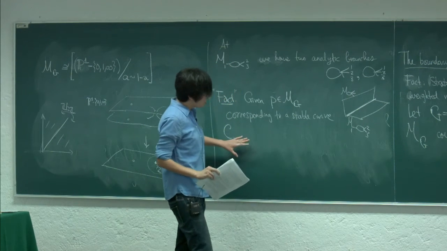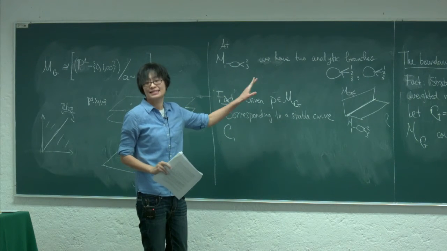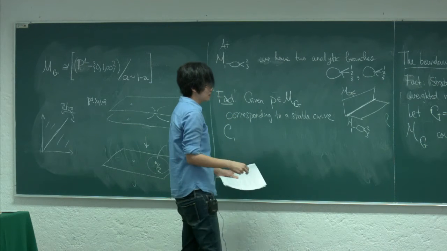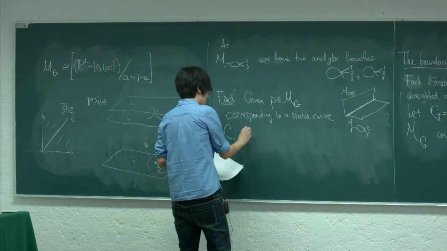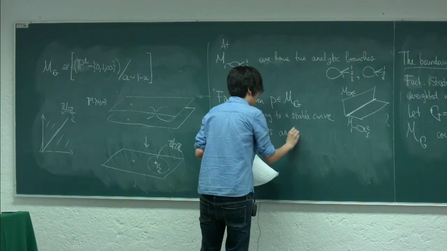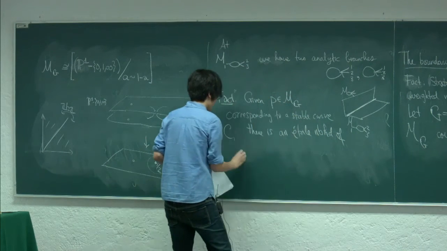You can describe fairly explicitly a neighborhood of P, an étale neighborhood of P. And it's just sort of the deformation space of the various nodes. So let me write, there is an étale neighborhood of P, right?